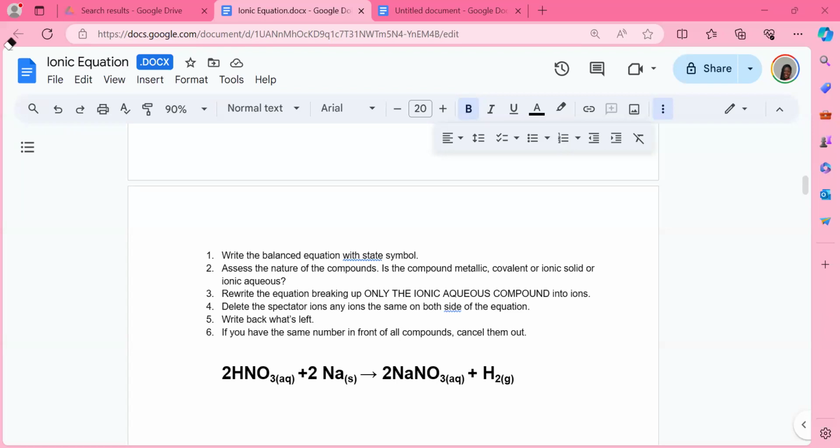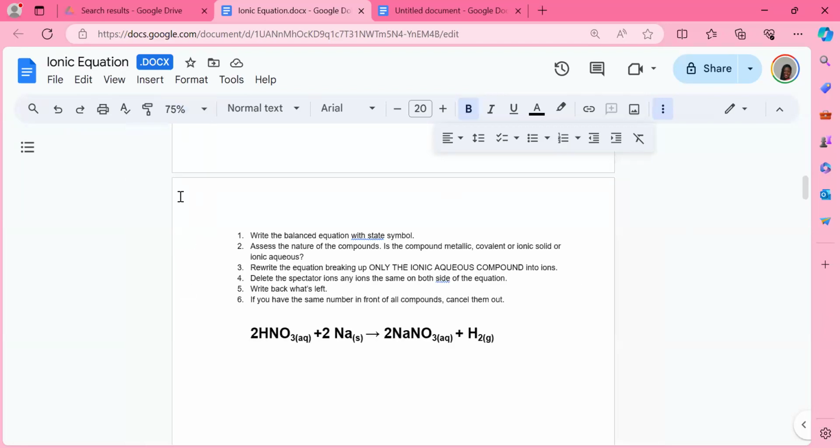All right, so I'm giving you a balanced chemical equation, and from it we are going to apply these steps so we can write the ionic equation. Here we go. So we have the balanced chemical equation. Then I'm assessing the nature of the compounds. This is an acid. All acids are aqueous ionic compounds, so I write AQ.